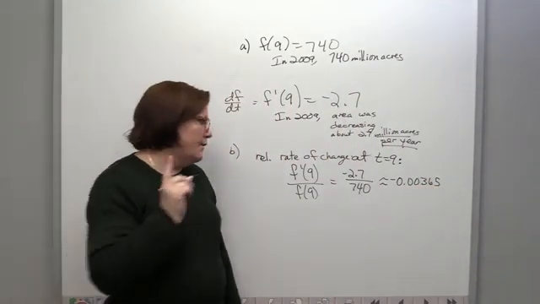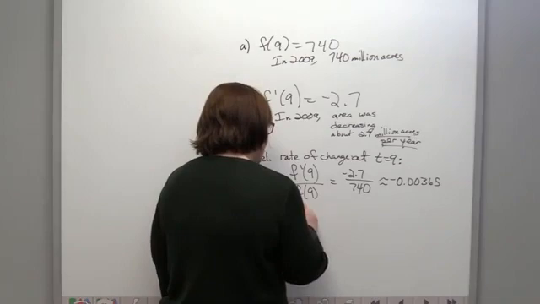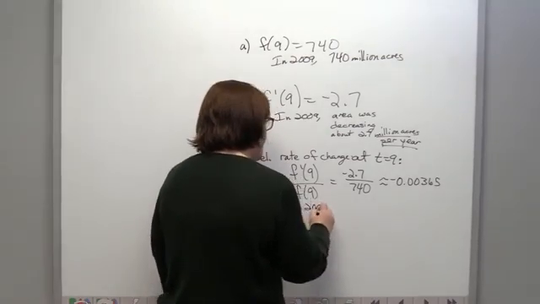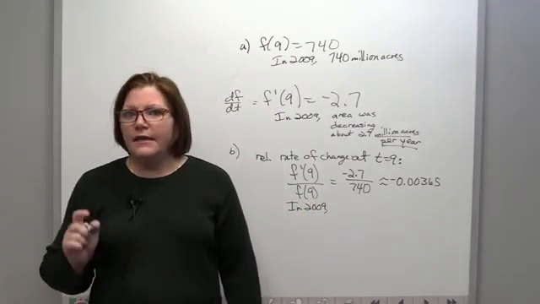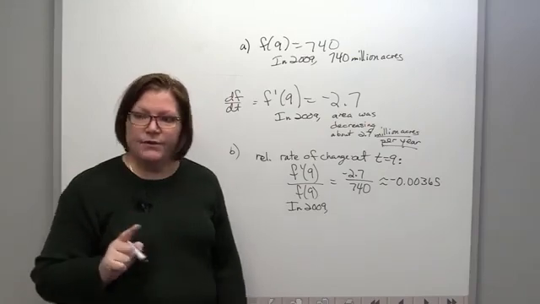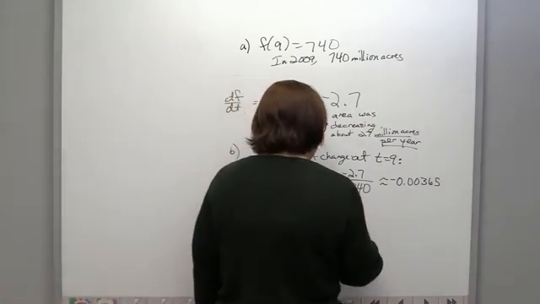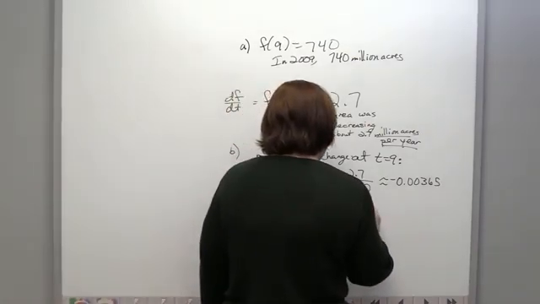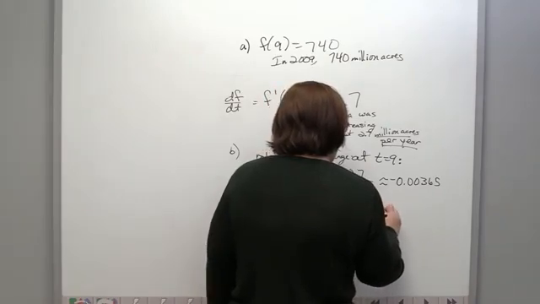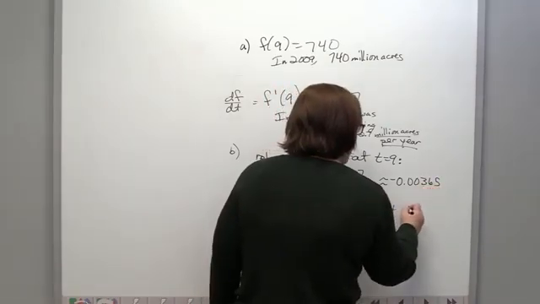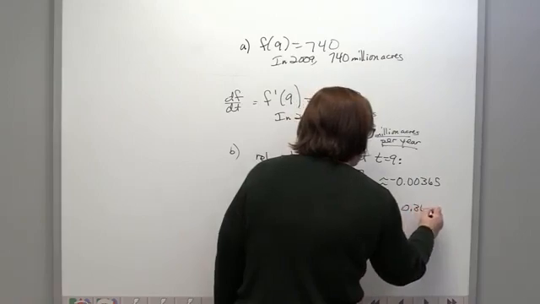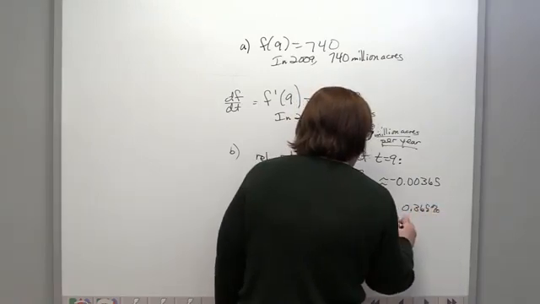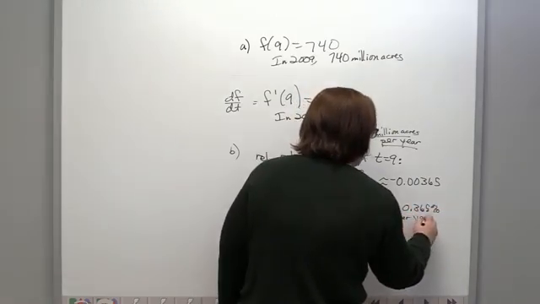And so what we're talking about is that in 2009, the area of the rainforest was shrinking about 0.365% per year.